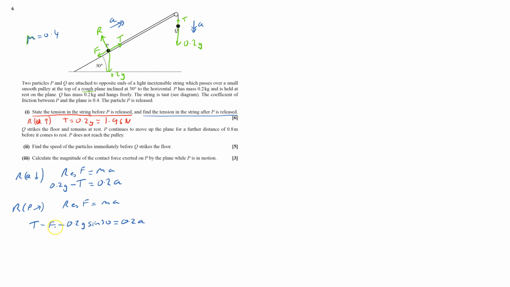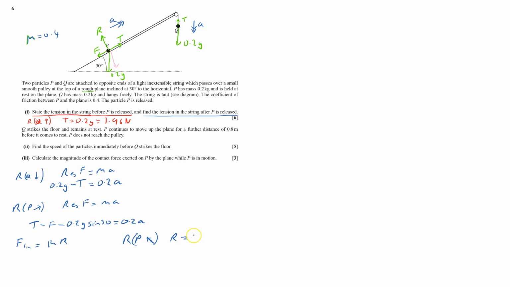If I added these two, that would get rid of the T's, but I've got an F, so I need to find out what F equals. I've got limiting friction, so F limiting equals mu R, and that means I need to know what R is. So I'm going to have to resolve P perpendicular to the plane, and that's going to say that R equals 0.2 g cos theta.